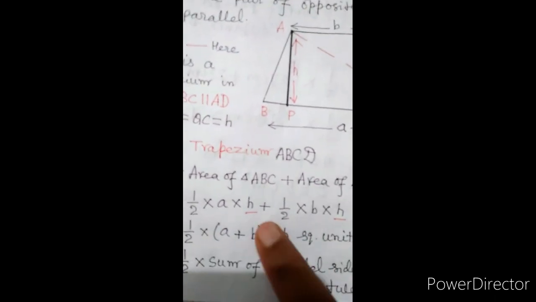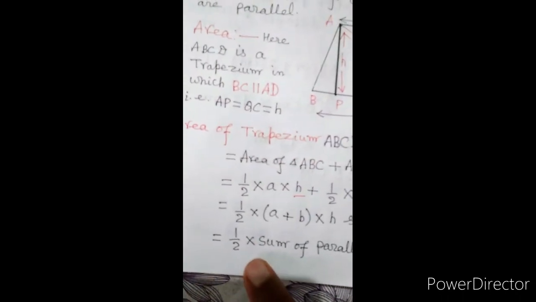Its base is BC, that is A, and height is H, plus its base is AD, that is B, and height is H. Height of this triangle is QC or CQ, that is H, is equal to half is taken common, A plus B, and H is also common, square units, is equal to half into sum of parallel sides into distance between them.